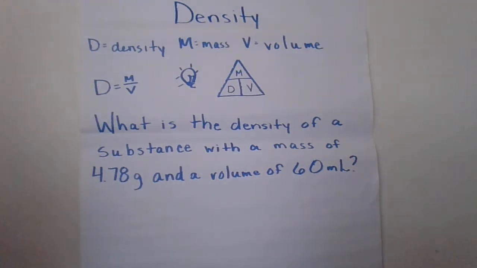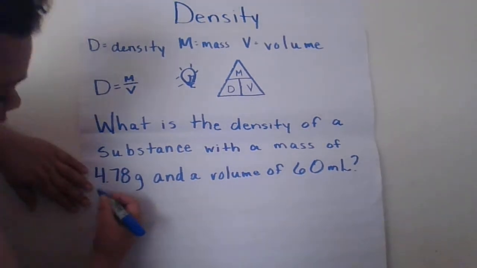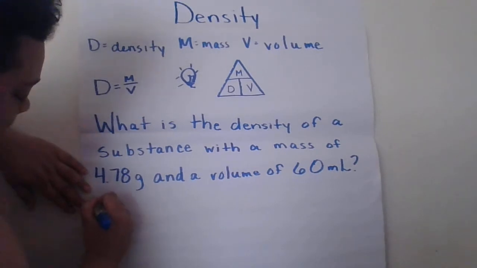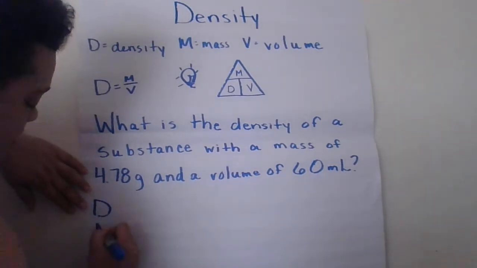So here we have, what is the density of a substance with a mass of 4.78 grams and a volume of 60 milliliters? So for those of you who have watched many of my videos in the past, we start off with our shopping list. Dealing with density, we have those three variables.